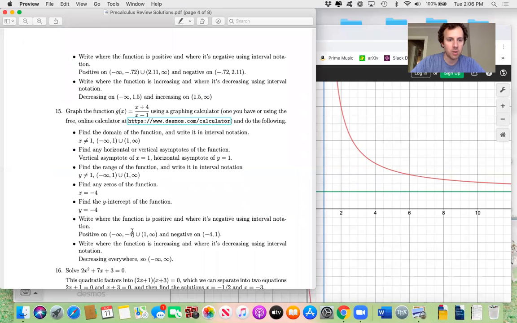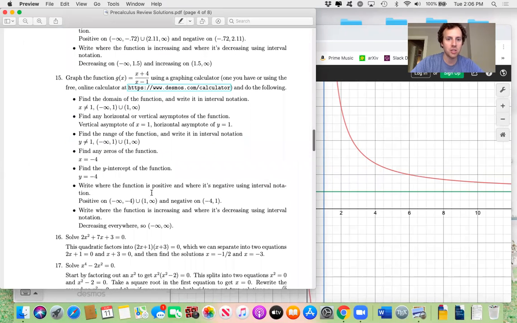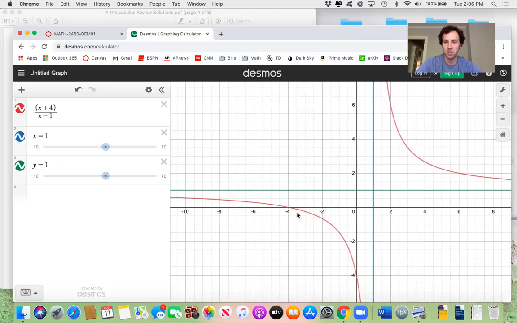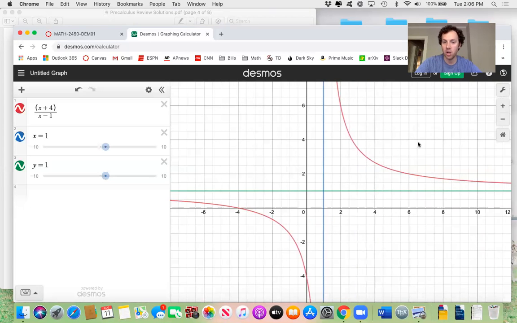The last two parts here: where is it positive and negative, and where is it increasing and decreasing? Positive and negative, looking at the graph, are not too hard to see what the answers are. So positive is, where is this graph above the x-axis? Well, this whole branch here is above the x-axis, so we want all of that.